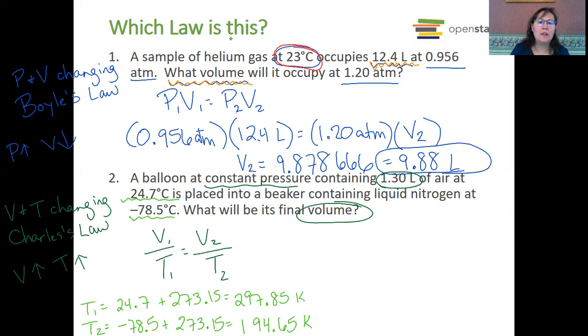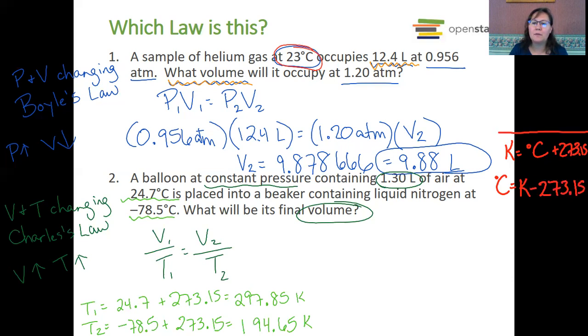I'm just going to remind everybody that our temperature in Kelvin is equal to our degrees Celsius plus 273.15, and our degrees Celsius, because sometimes this will come up, is equal to our temperature in Kelvin minus 273.15.